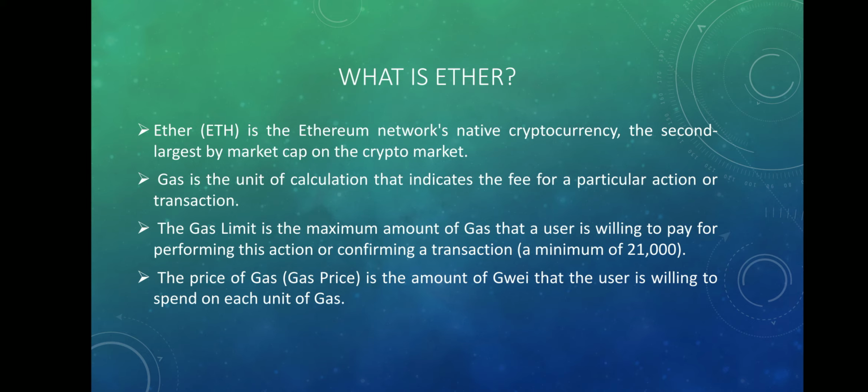If a user is trying to execute a contract, or send ethers from one account to another, there may be a transaction fee. That fee is paid using gas, and the user can set the limit. How much you are going to spend on one particular transaction is called the gas limit.